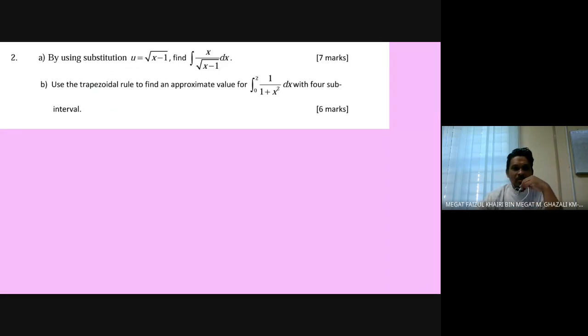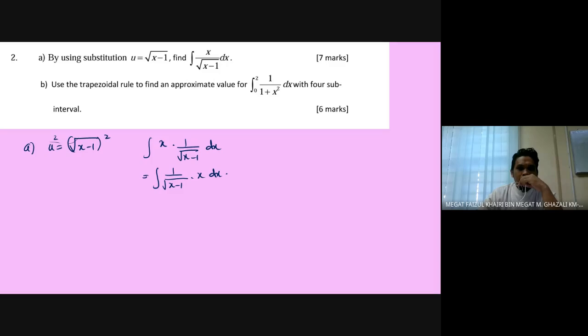Okay, find using substitution. Question A, u equals square root of x minus 1. Find the integral of this. Integral of x times 1 over square root of x minus 1 dx. Or maybe if I change it, x minus 1 to the power of negative half times x dx. Okay, so I plan to square the function left and right.